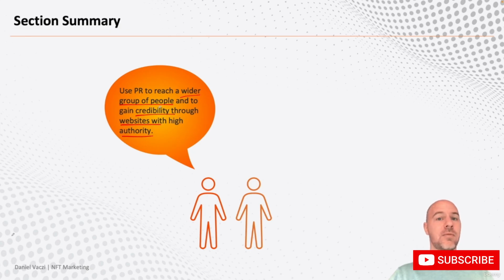With your PR, what you want to achieve is your article gets published on prominent websites. Cointelegraph is a quite prominent website, so that will gain credibility straight away. But you have to decide who you want to work with. You want to work with a PR distribution platform, or you want to work directly with handpicked websites.